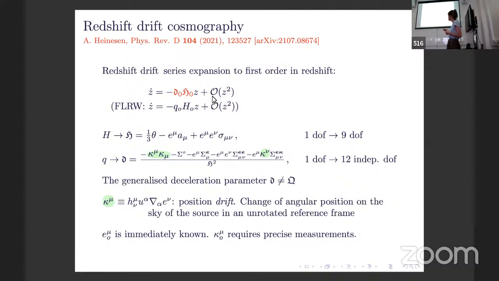We have the position drift entering in the effective deceleration parameter of the redshift drift cosmography. This potentially complicates things, because position drift is in itself a precision measurement, just as redshift drift is. But I think I actually solved this problem now, so we don't need to worry about position drift anyway. But it's a calculation that I'm doing now.